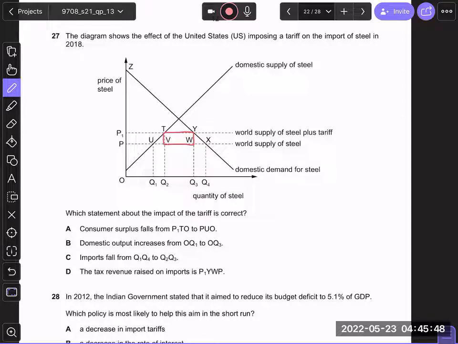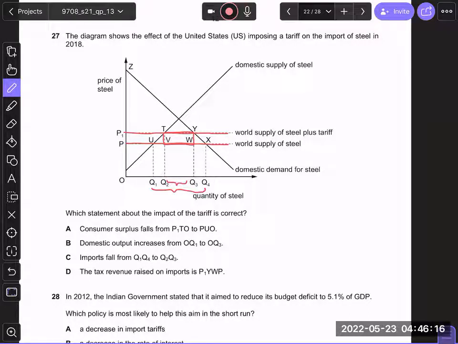This is your tax revenue. What is happening here, basically? Earlier, you were importing this quantity at price T1. But now, after the imposition of the tariff, the imports have fallen from Q1, Q4 to Q2, Q3.